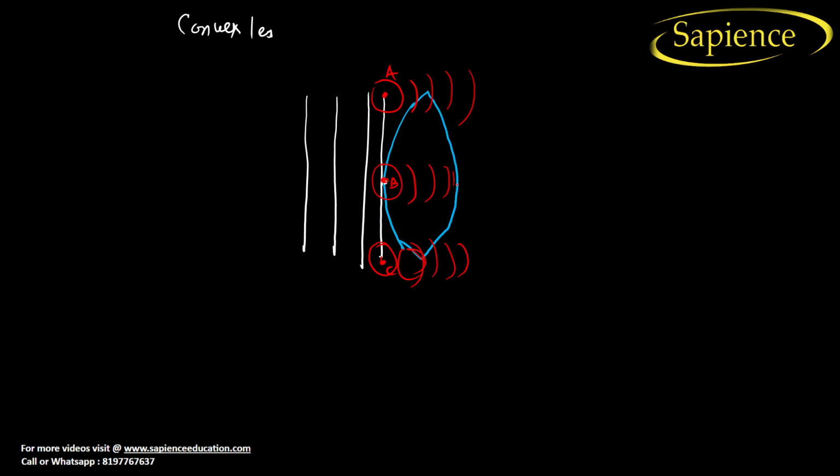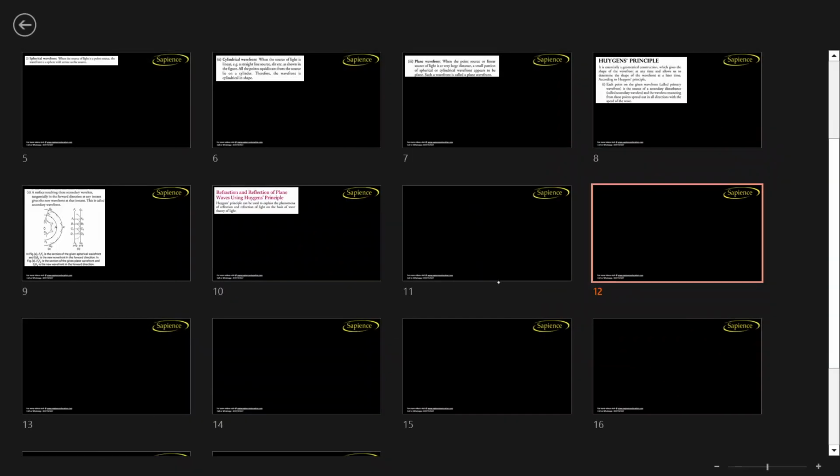See, the moment B reaches B dash, at the same time A has traveled more in air, so its speed is more, so A will go beyond that line. At the same time C also goes beyond that line, because the passage of the wavefront through the lens is for a very short time, so definitely it will go ahead of this.